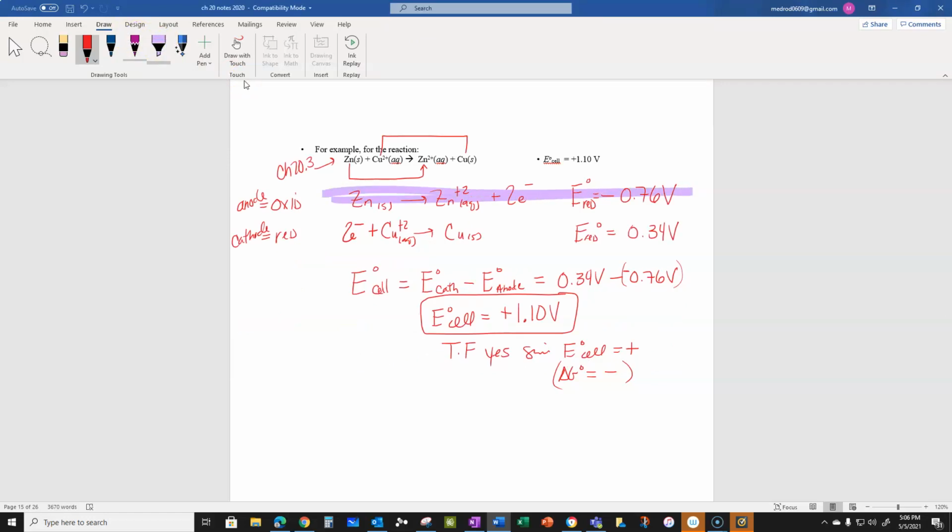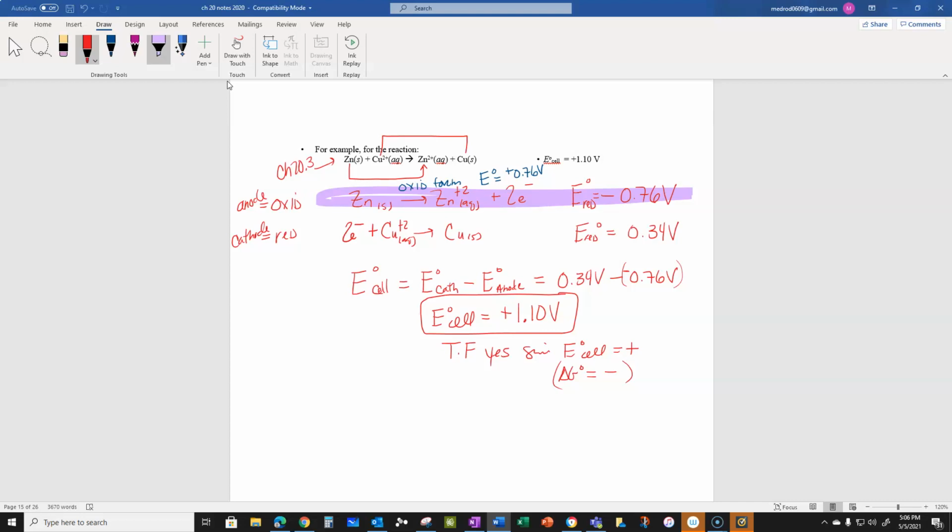Just because, ladies and gentlemen, that this is, let's do it in a different color, this is in oxidation form. So what happens in oxidation form to this value? In oxidation form, it's a flip of the sign. Okay?